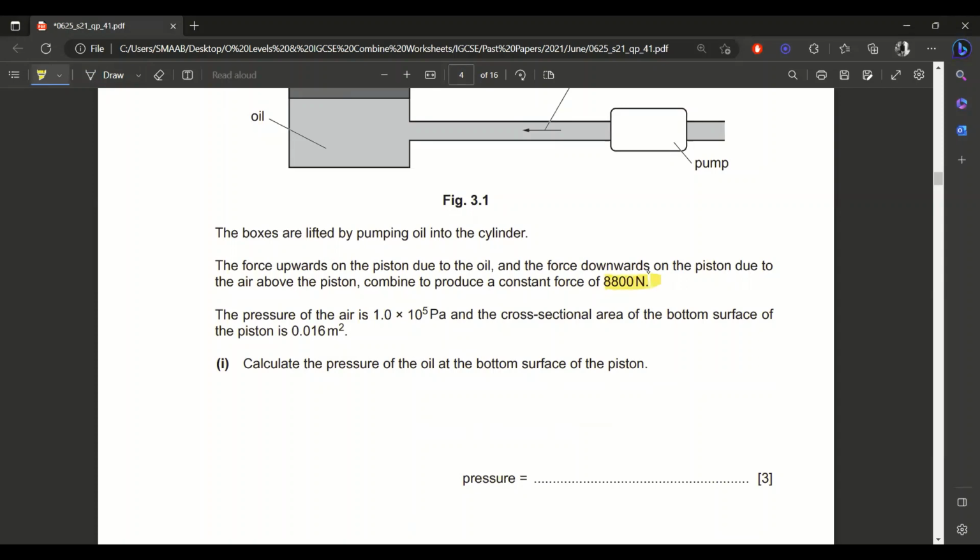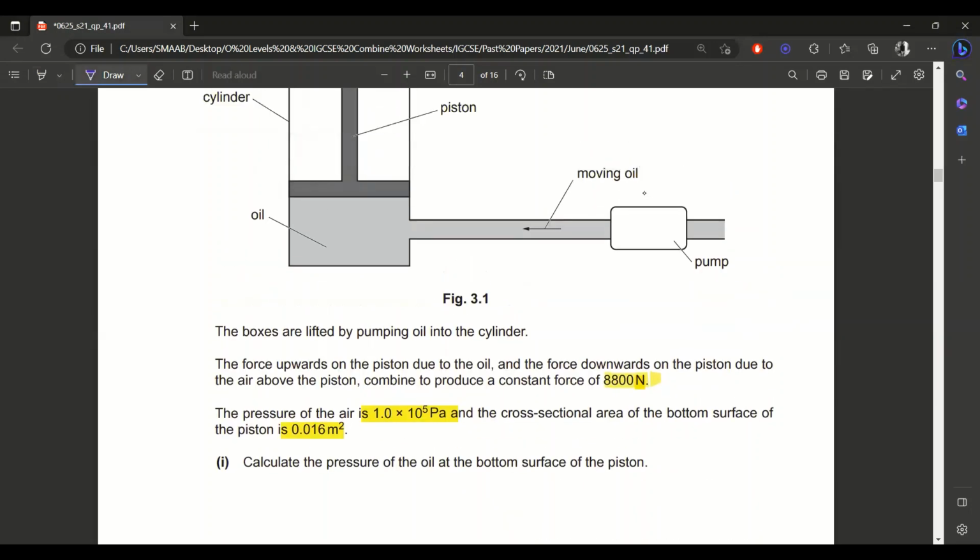The pressure of the air is 1.5 times 10 to the power 5 pascals, and the cross-sectional area of the bottom surface of the piston is 0.016 square meters. Calculate the pressure of the oil at the bottom surface of the piston.